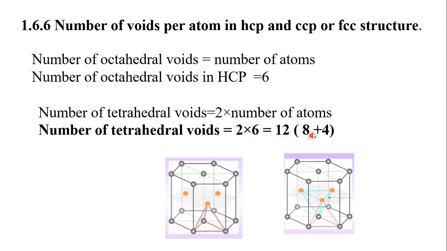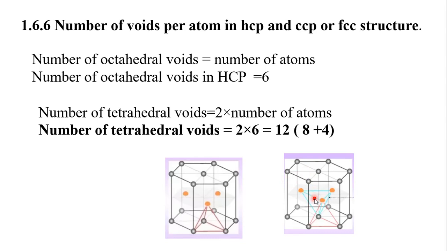Out of these 12, 8 tetrahedral voids are present in the body of this unit cell, and 4 tetrahedral voids are present at the edge, at the corner atoms of this hexagonal close packing.